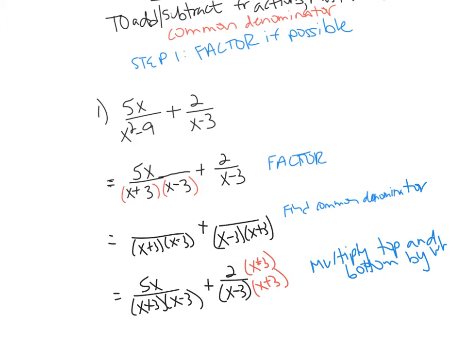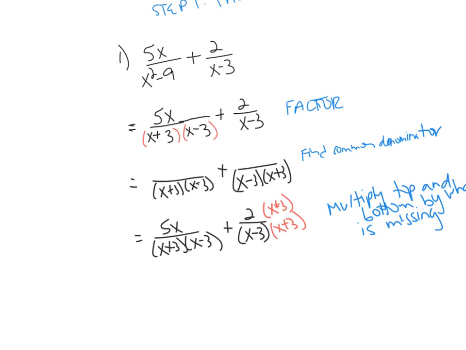Because again, I'm really just multiplying by 1. x plus 3 divided by x plus 3, anything divided by itself just cancels and equals 1. It's a fancy one, but it will equal 1. So let's go ahead and multiply by what's missing. We're not going to quite FOIL out just yet.